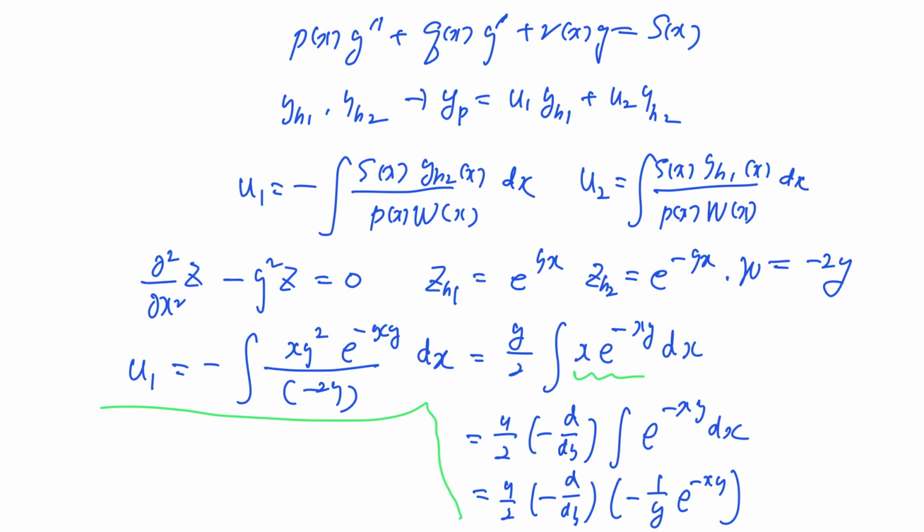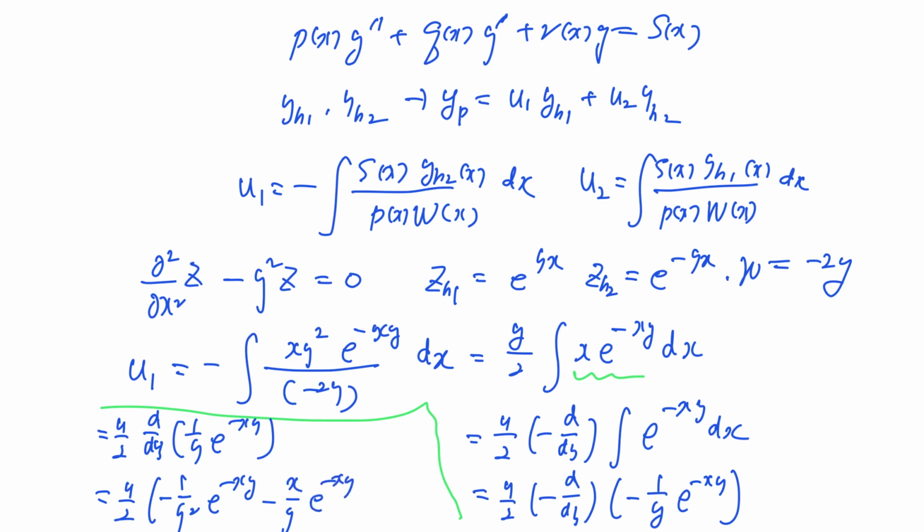So it becomes y over 2, d over dy of exponential minus xy over y, which is y over 2 times minus 1 over y squared exponential minus xy minus x over y exponential minus xy.